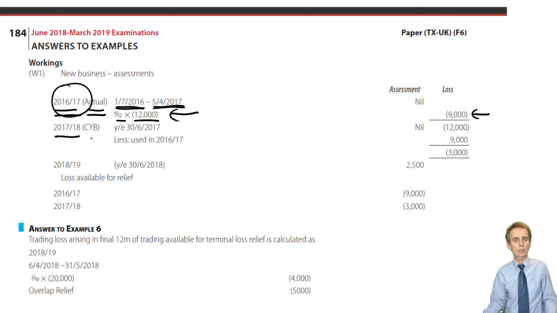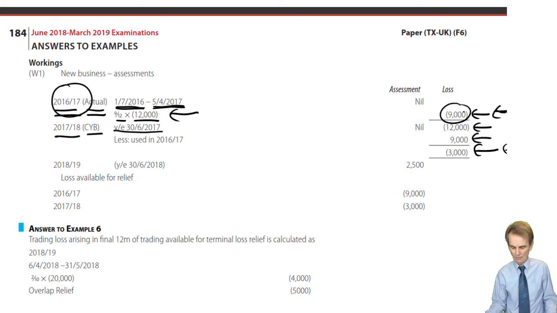On to our second tax year, 17-18, where we already determined, because we started with a full year end as our opening accounting period, CYB will be immediately available to us in that second year. That is its year ended June 17. That is the full loss of 12. We've already used 9,000 there in 16-17, so we take it away, and that leaves us with £3,000 worth of loss available.